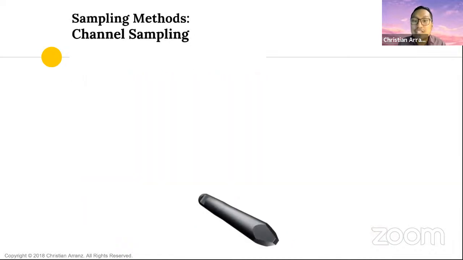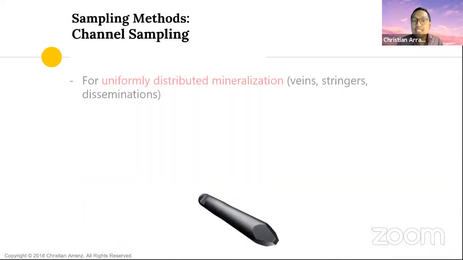And then you also have channel sampling. So for this case, you use this. This is a moil, or you can use a chisel. Okay, ginagamit to for uniformly distributed mineralization na maliliit usually. If you see in the wall or in the face, the veins, the stringers, and disseminations, itong mga to, ito yung maliliit na mga veins.